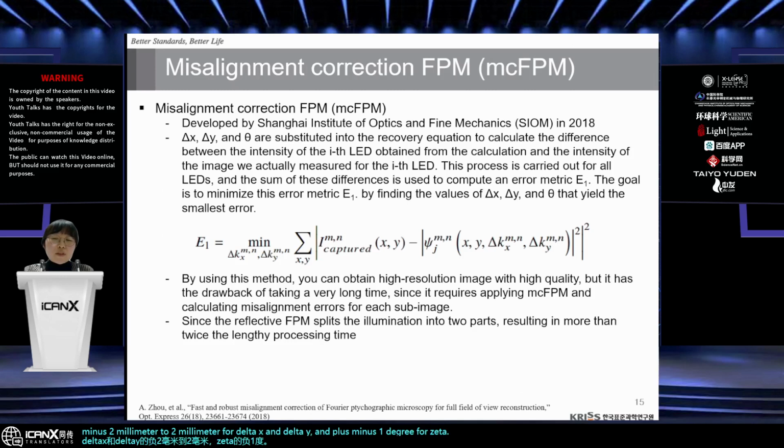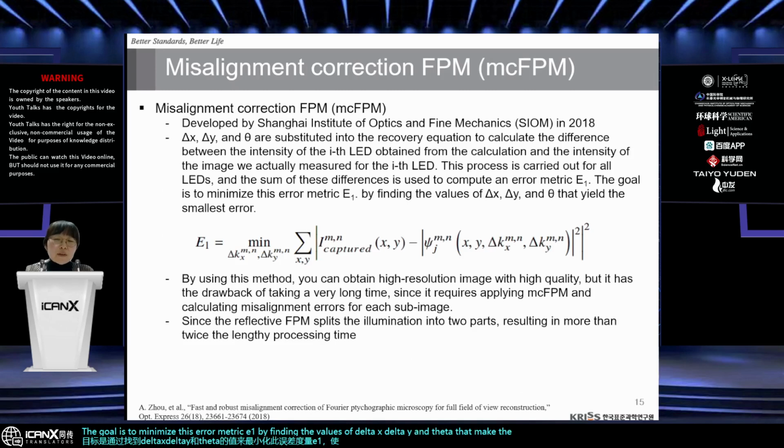These adjusted values are then substituted into the recovery equation to calculate the difference between the intensity of the i-th LED obtained from the calculation and the intensity of the image we actually measured for the i-th LED. This process is carried out for all LEDs, and the sum of these differences is used to compute an error metric, capital E1. The goal is to minimize this error metric E1 by finding the values of delta x, delta y, and theta that make the smallest error.